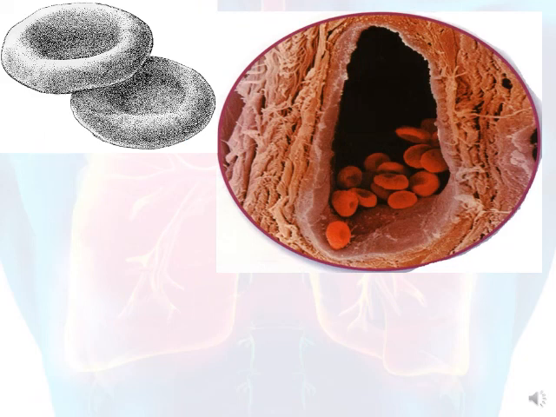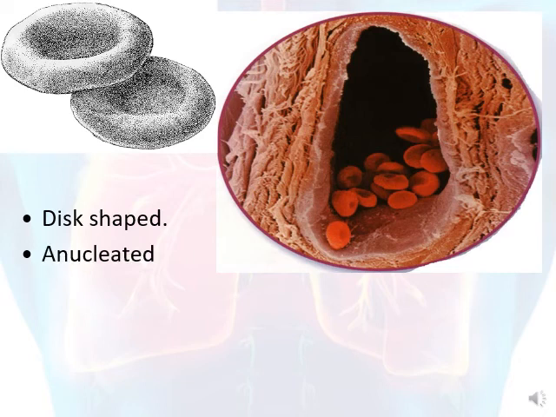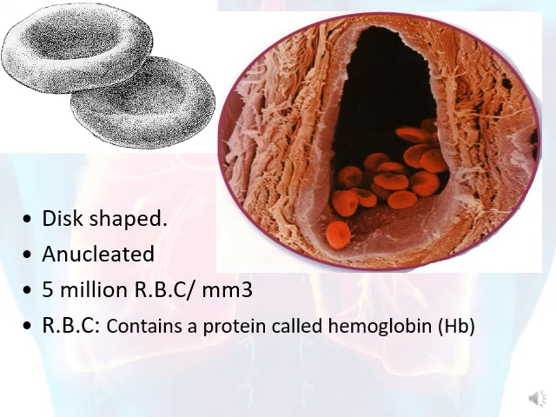The red blood cells are disc shaped. They look like the shape of a disc. They are anucleated, meaning that they don't have a nucleus. We have about 5 million red blood cells per cubic millimeter, and red blood cells contain a protein called hemoglobin that is bound to either carbon dioxide or oxygen gas.